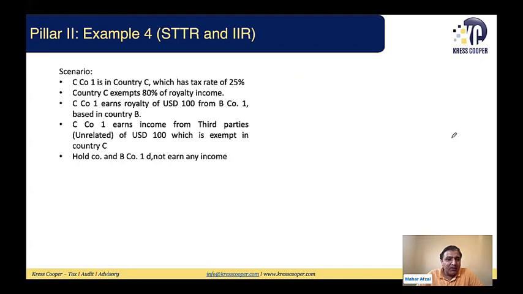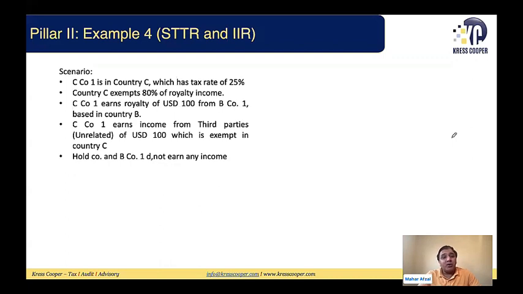So if CICO is earning any royalty income in country C, 80% of that income will be exempt. If they are earning 100, the effective tax rate is 25%, with 80% exempt, so 25 into 0.2 will be the effective rate for the royalty income.